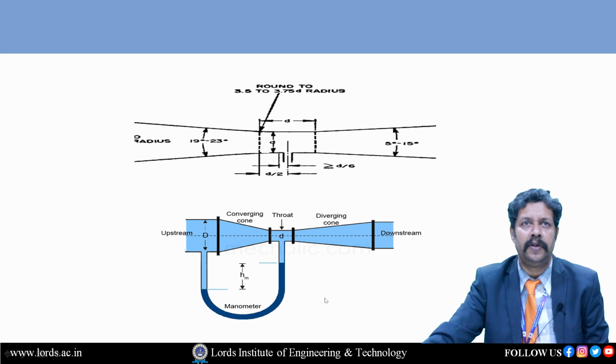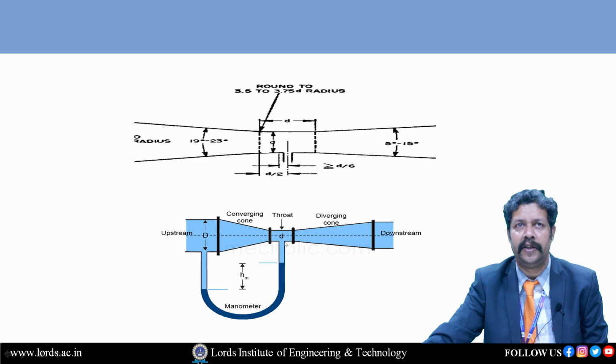Right. Suppose if you observe this figure of the Venturi meter, it is the upstream side of the Venturi meter where the flow starts. So here the diameter is equal to capital D, and after that you can see the convergent cone here, and the throat diameter is equal to small d, and this is the divergent portion. The length of the divergent portion is greater than the length of the convergent portion, and this side is known as the downstream side.